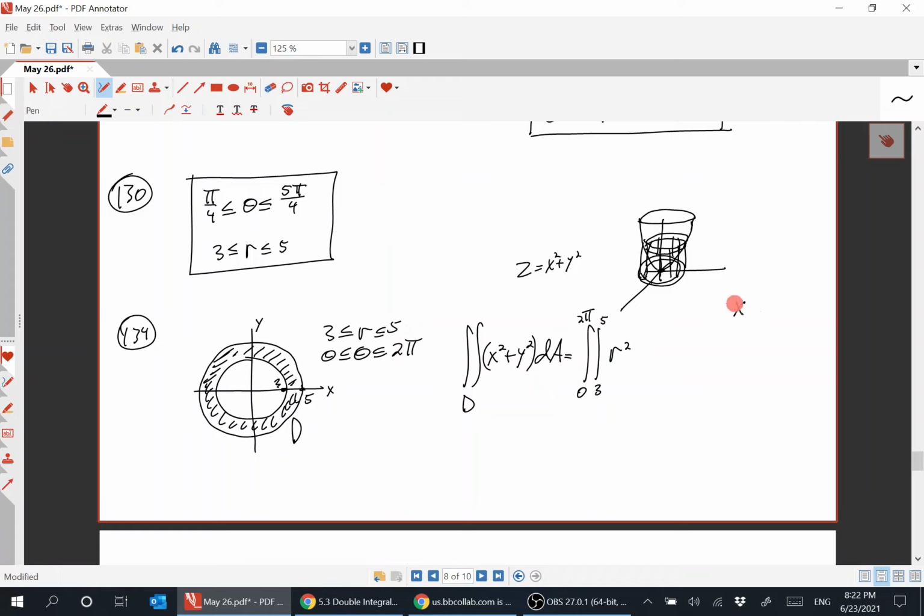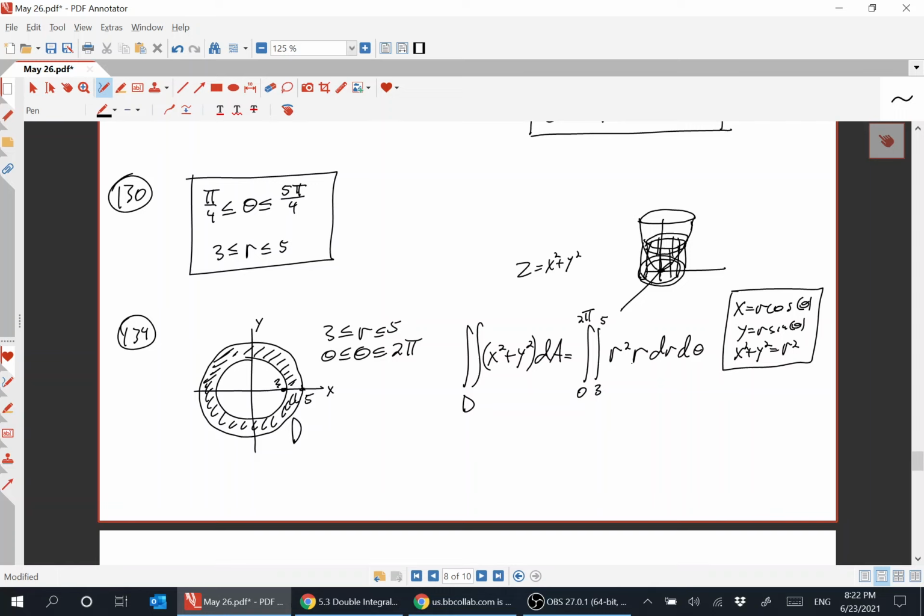x is r cosine theta, y is r sine theta, and then x squared plus y squared is r squared. So this is r squared, and the dA, remember you have to have that little correction factor.